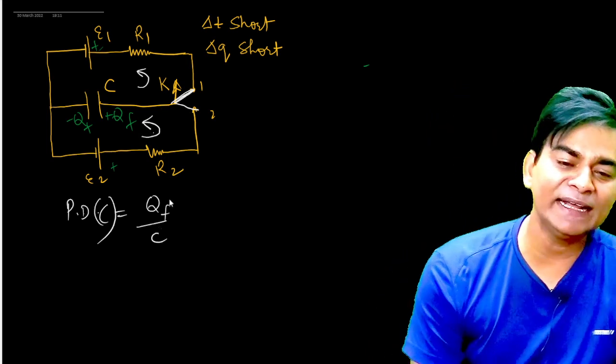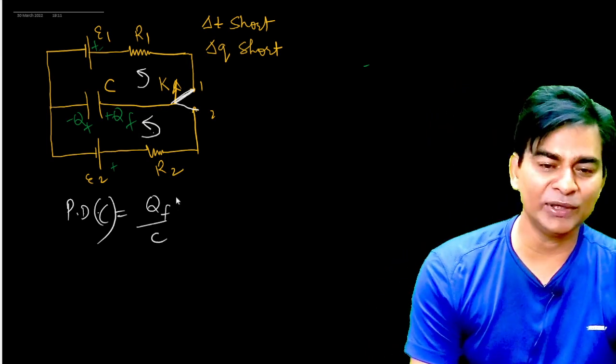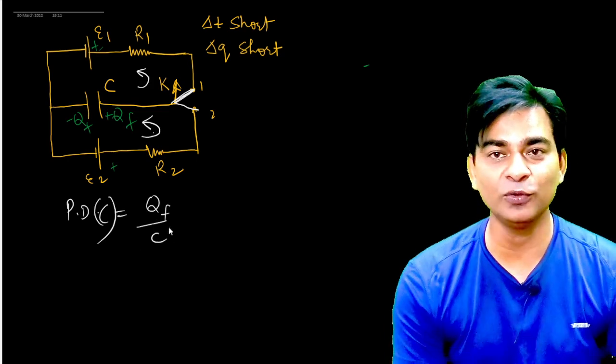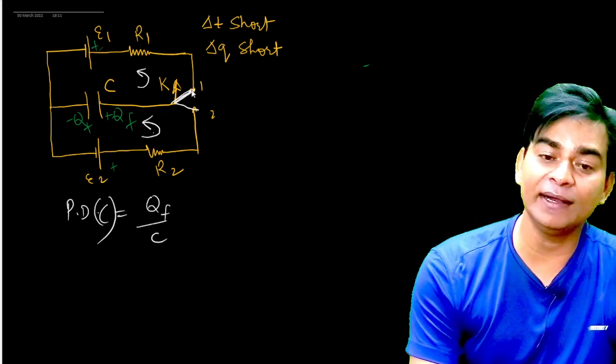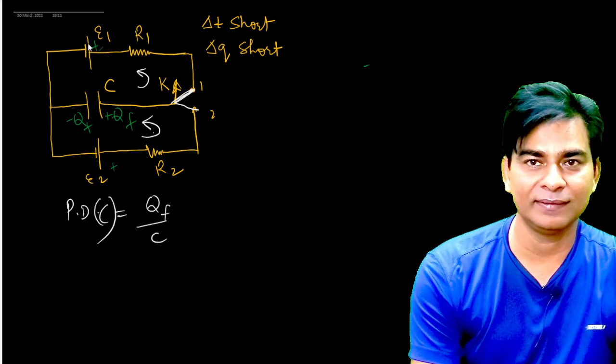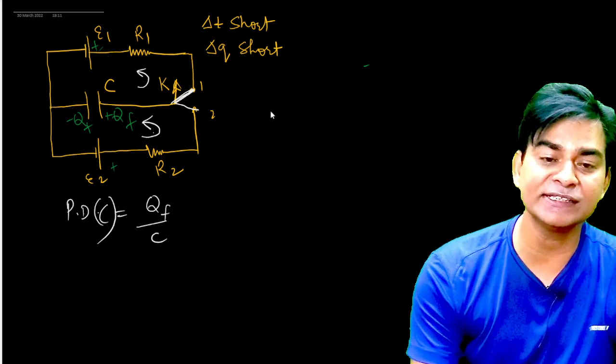Now the final charge is Q final, and the potential drop across the capacitor is Q final by C. The EMF of the upper circuit battery when connected to 1 is E1, and this is at higher potential.